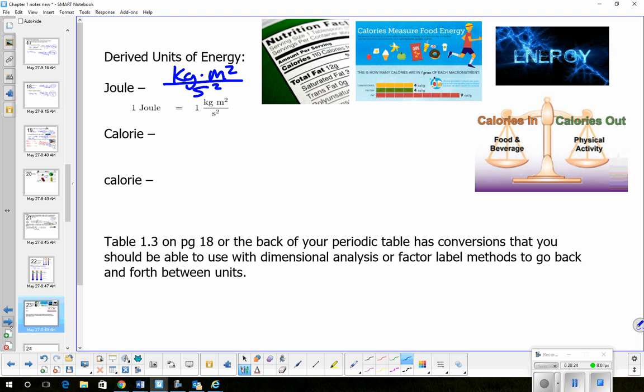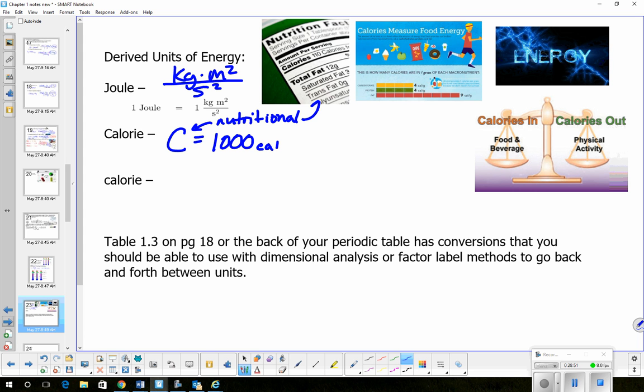So most of you know what a calorie is, right? A calorie is how much energy it takes to make it through, basically. Well, when you see it with a capital C, that's actually equal to 1,000 lab calories. So that's a nutritional calorie.